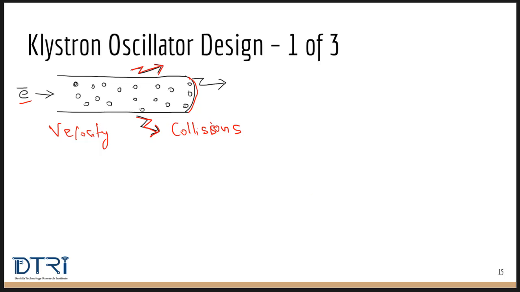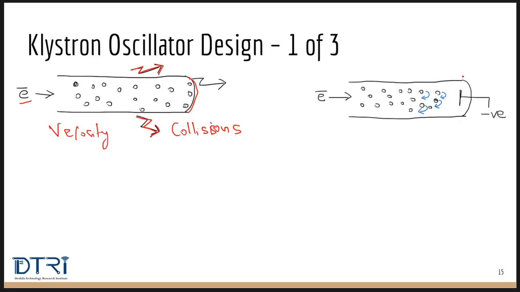Now say we add an electrode, that is a plate at the end of the tube which has negative polarity. We know that electrons are also negatively charged.